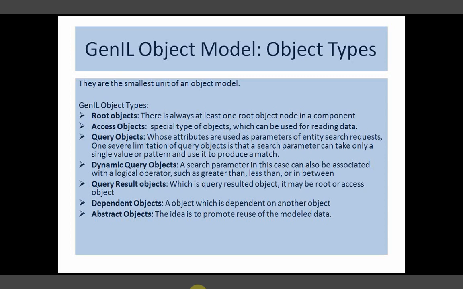That doesn't work with the query object. And as per the versions, before 5.0 there were no dynamic query objects, so they used to work with the query objects only. Just a miscellaneous note: prior to 5.0 there were only query objects. With 5.0 they came up with the dynamic query objects.